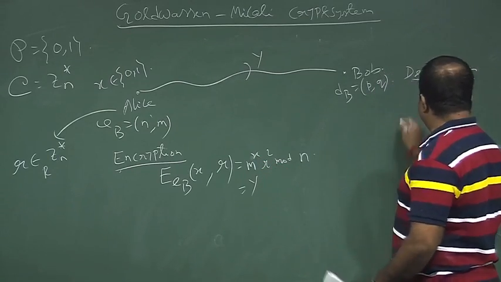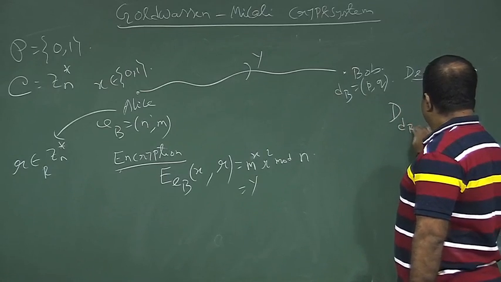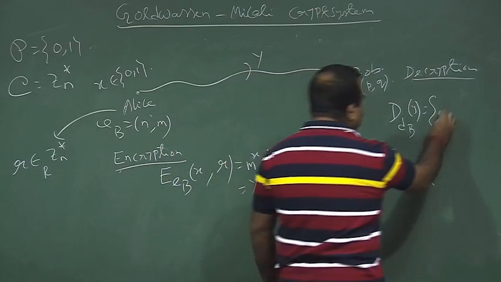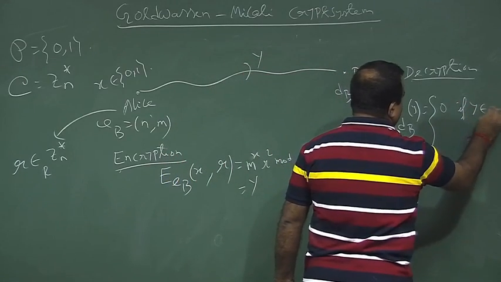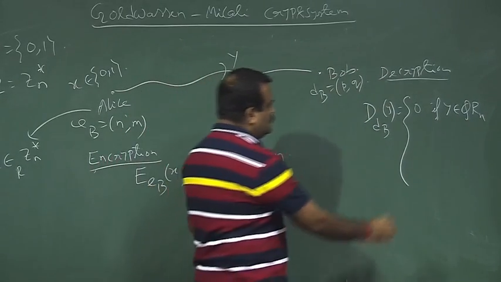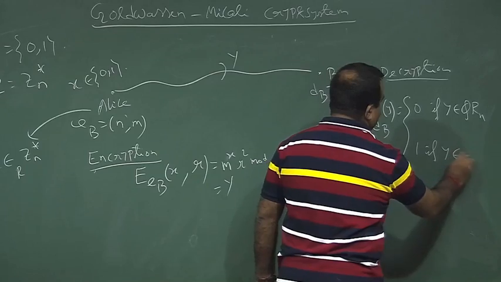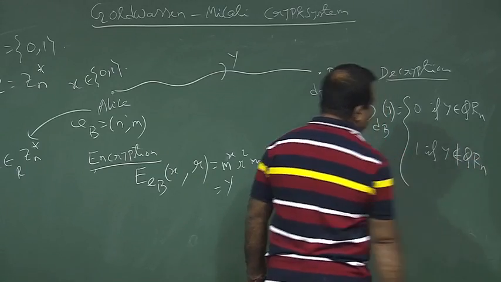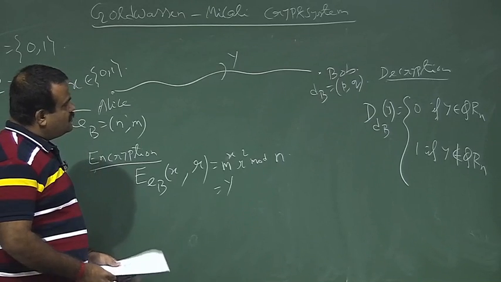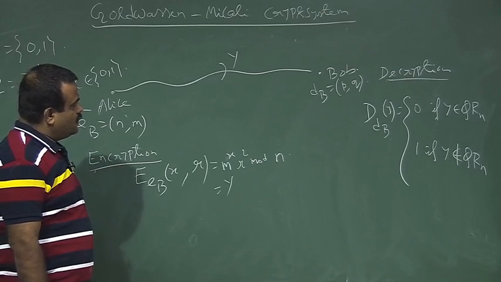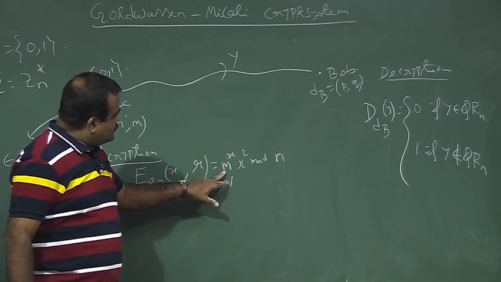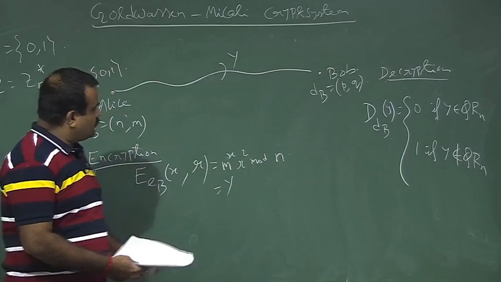So, the decryption D_B on y is 0 if y is a quadratic residue mod n, and 1 if y is a quadratic non-residue. Bob has to check whether y is a quadratic residue mod n or a non-residue, because if x is 1, then this is m, which cannot be the square of something.